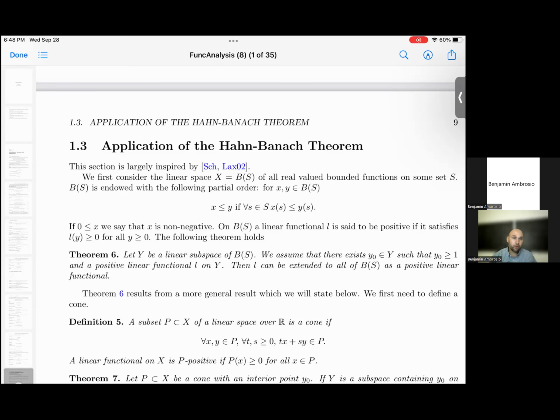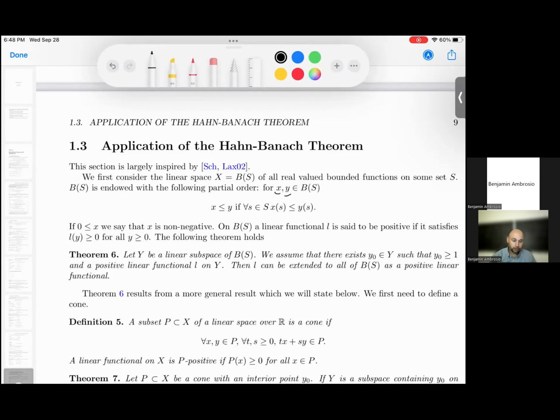And so there is a natural order on B, that is, for two functions X and Y, you will say that X is less than Y if for all s in capital S, X of s is less than Y of s, right?